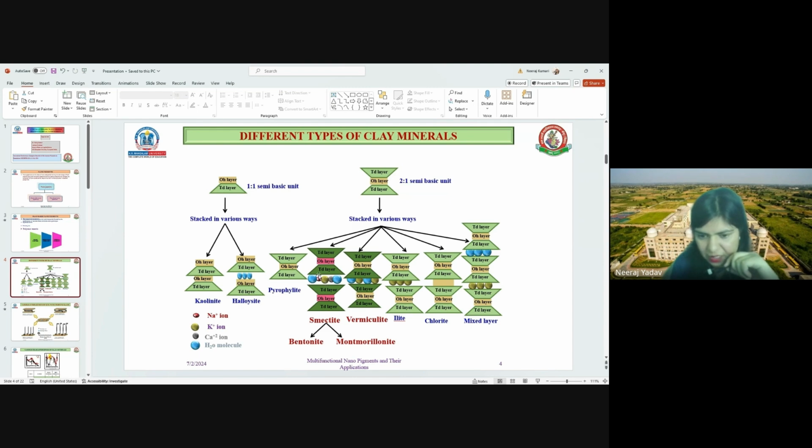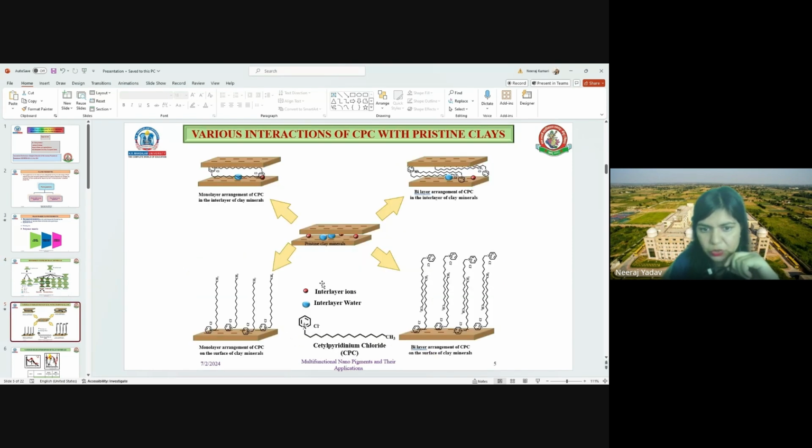And in this interlayer space, some inorganic ions are also present like sodium ions, potassium ions, calcium 2 positive, and water molecules, all these. So generally, these pristine clay minerals are negatively charged due to the isomorphic substitution of the silicon, which is present in the tetrahedral layer, with aluminium. And because of the presence of water molecules in the interlayer space, the clay minerals are hydrophilic in nature.